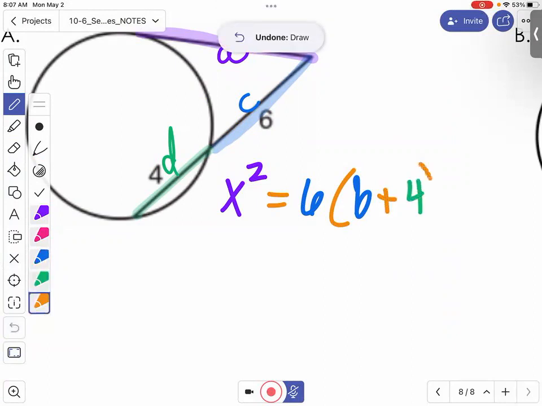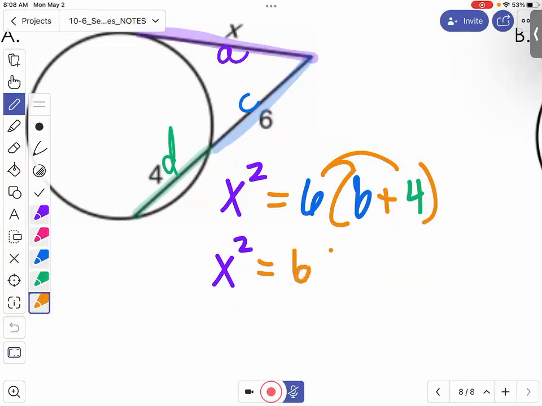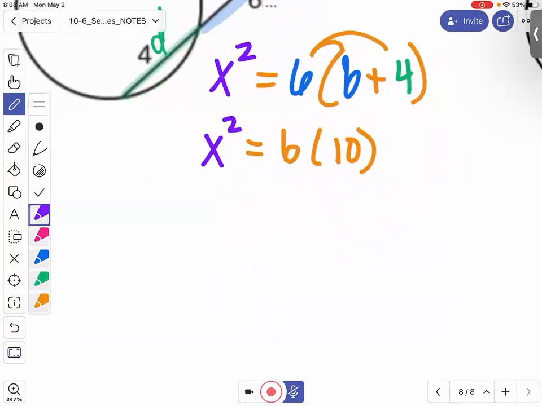There we go. All right, so we're going to keep your X squared. But let's see what we have on the other side. So again, we can distribute the 6 like we did on the last example, or take care of what's inside the parentheses first. 6 plus 4 gives us a 10. So then we can multiply that 6 and 10 together. So I still have an X squared.